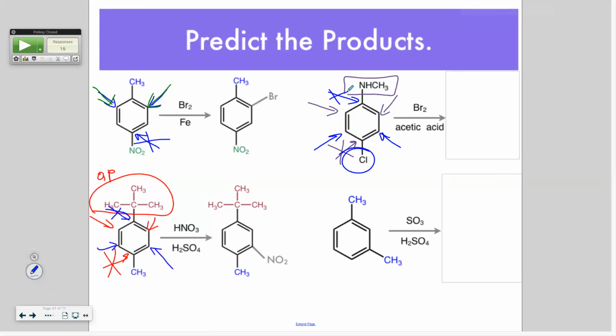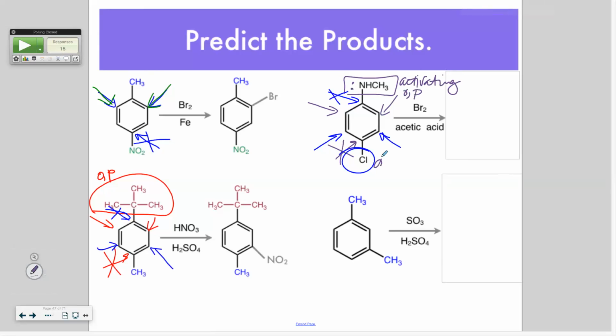Okay, so who wins? The top one or the bottom? Why are you picking the top one? Give me a reason. Activating. It's more activating. In fact, that nitrogen has a lone pair on it, right? Don't forget that. And it is an activating OP director.